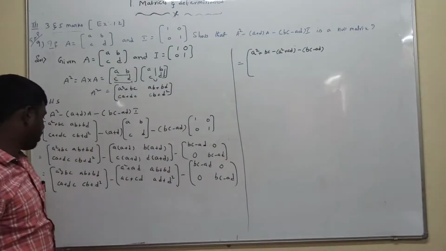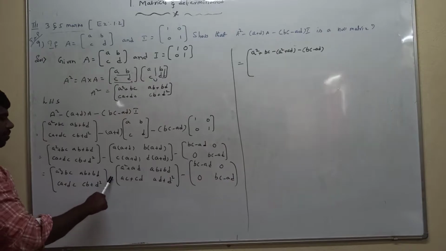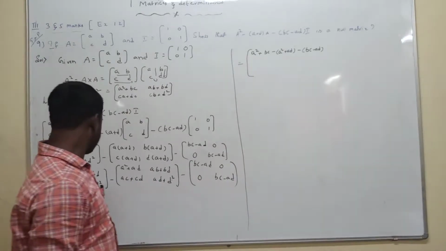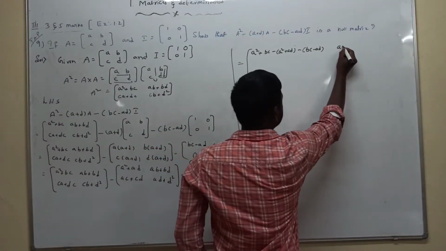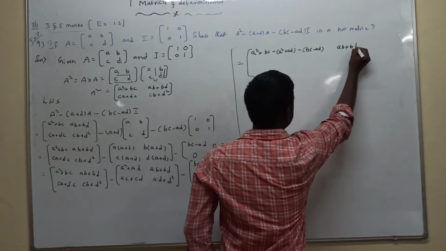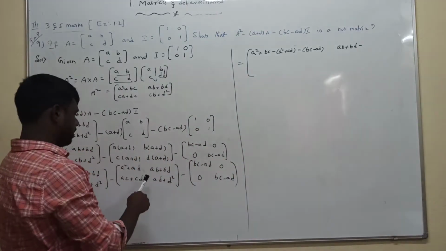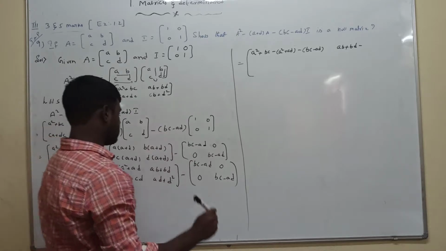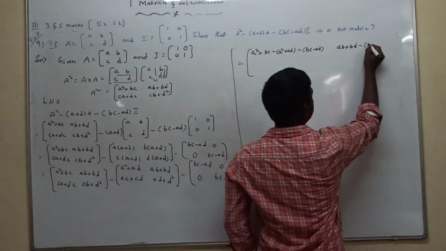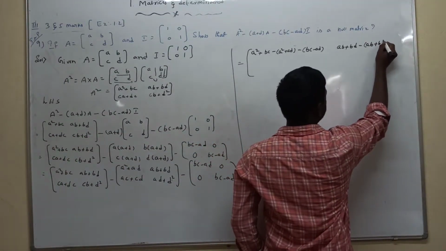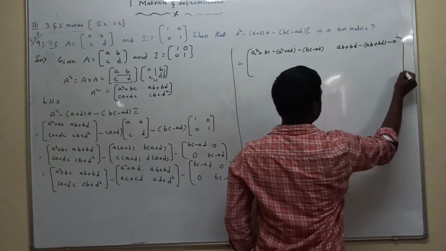Next, subtract the corresponding element, second element minus second element: ab plus bd minus (ab plus bd) minus 0.